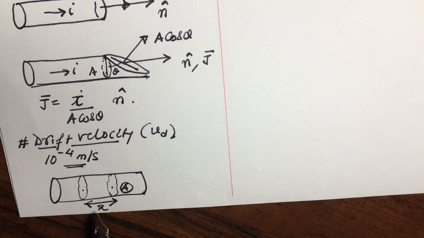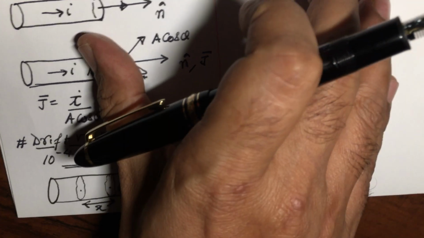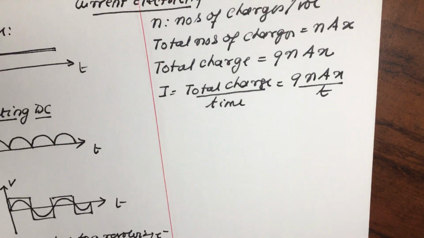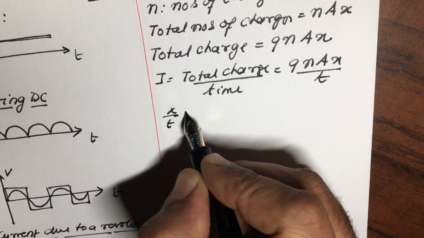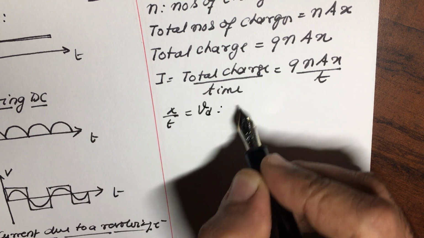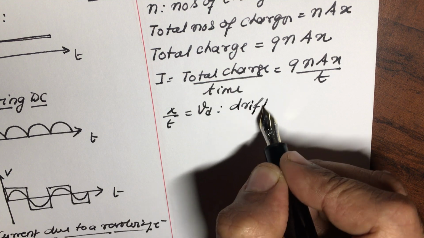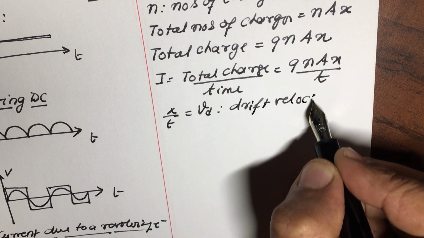Don't you think x by t would be the speed of the electrons, which is giving rise to current, which we have understood as the drift velocity? So therefore x by t would be equal to Vd, where Vd is the drift velocity.